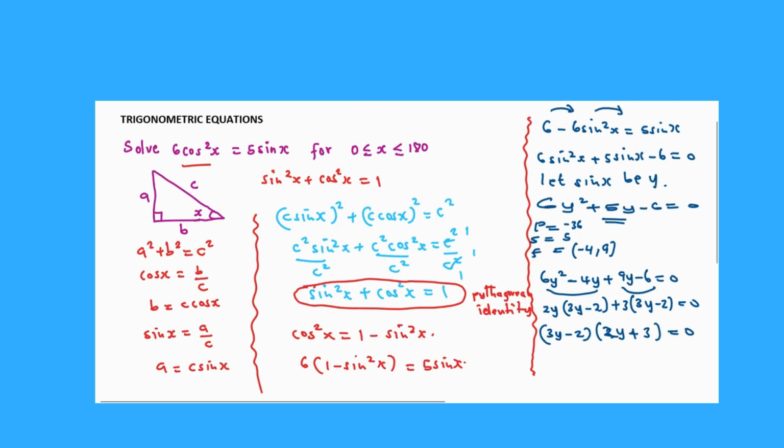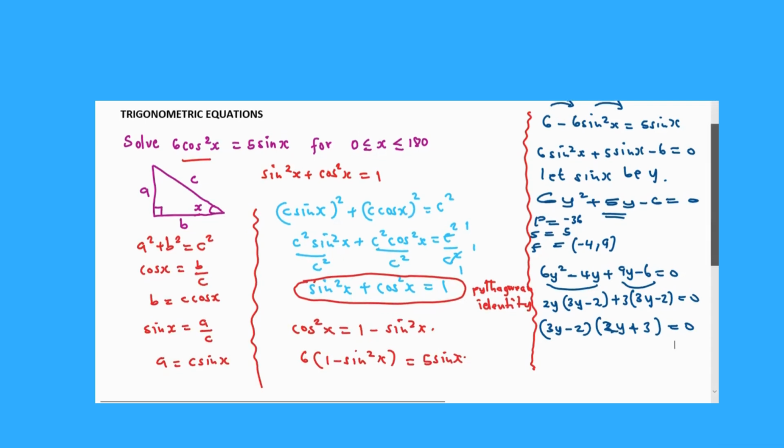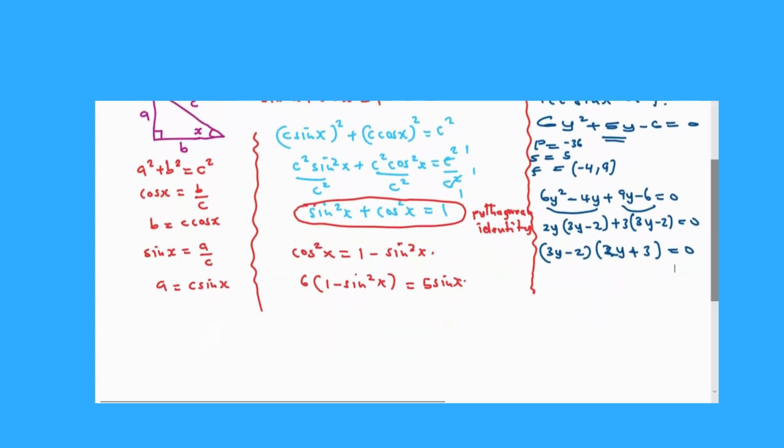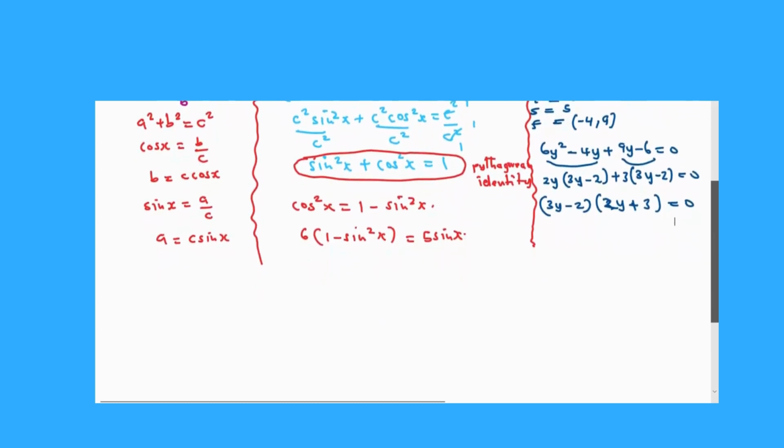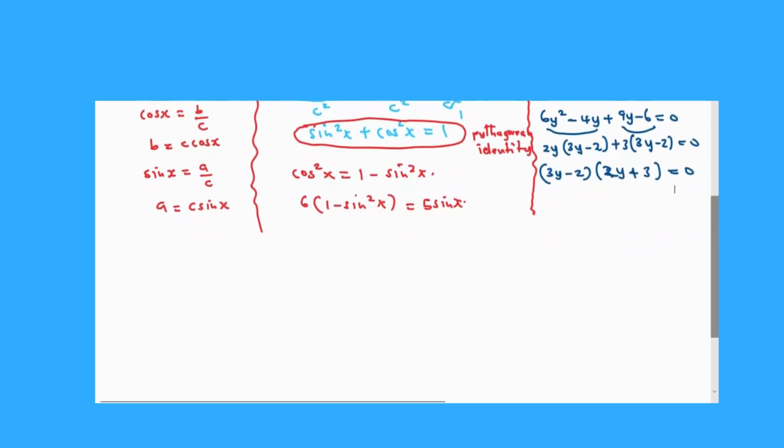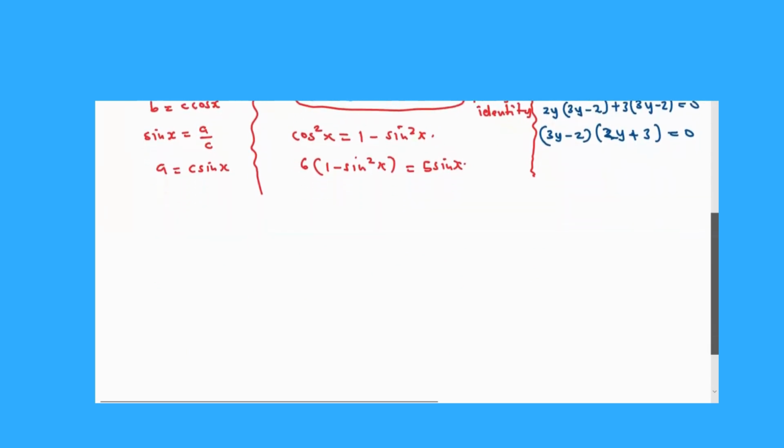So we are going to equate both brackets to 0 and solve.